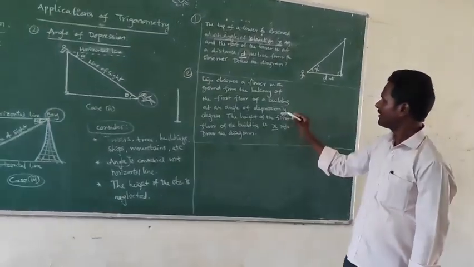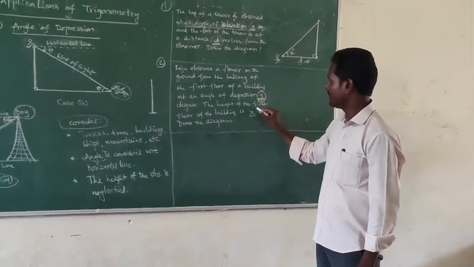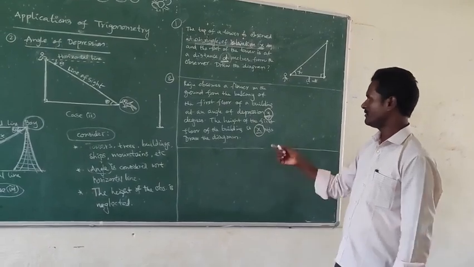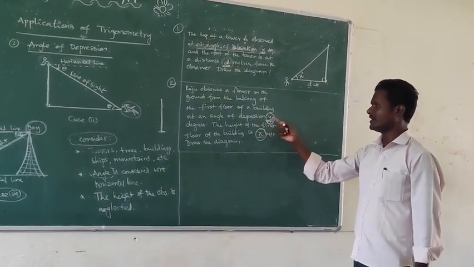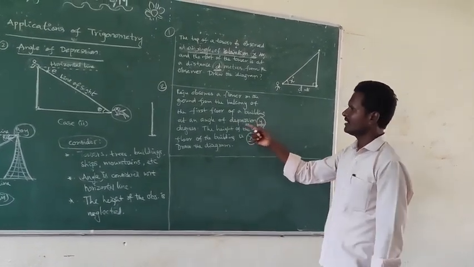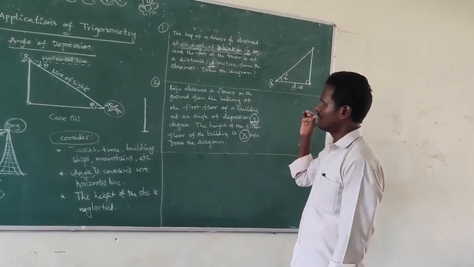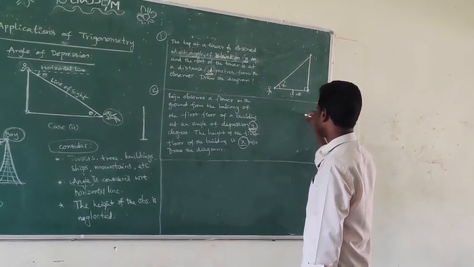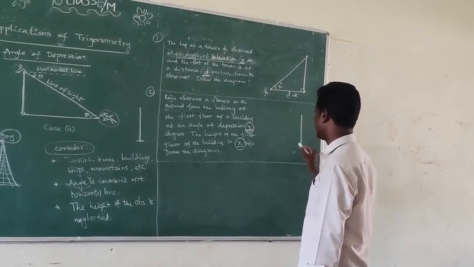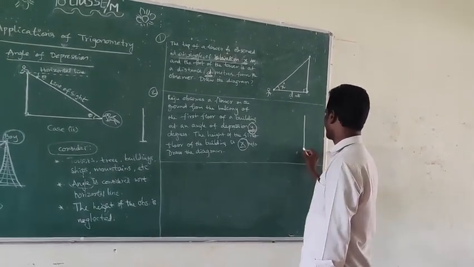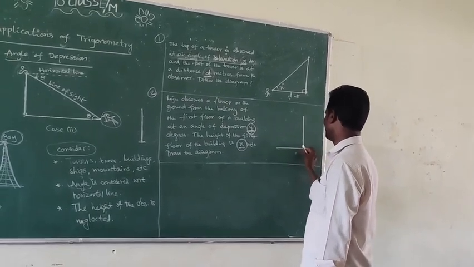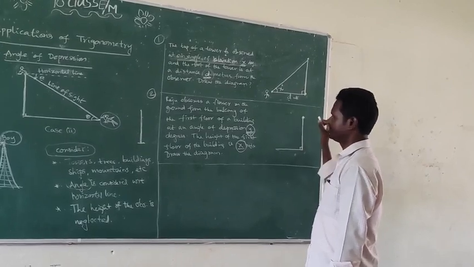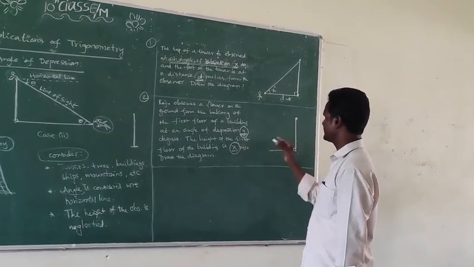Here the angle of depression and the height of the building are given. The angle of depression means the observer is above, on the building, so we have to understand it like that. Suppose here is the building, and it is standing on the floor. Here we have a right angle. The observer is here, and the height of the building is x meters.